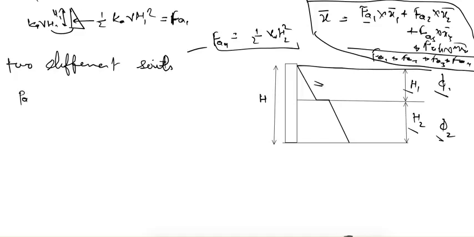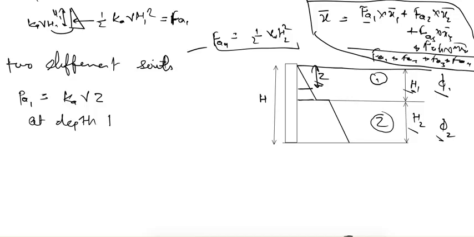Let's say Pa1 is equal to, at any depth z here, Ka gamma z, and at the depth h1 but in soil 1, this is soil 1, this is soil 2, Pa1 is equal to Ka gamma h1.